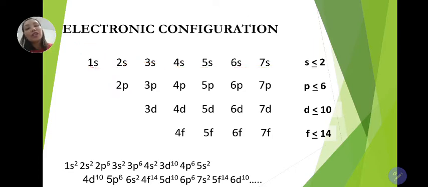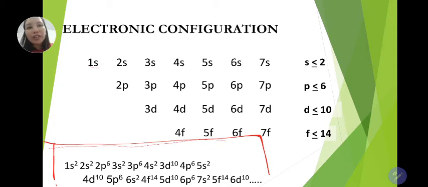So, yan yung electronic configuration na ginagamit natin. And this is an example. So, first, actually, meron yan arrow dun sa periodic table of elements natin. So, papuntang ganon, and then, pag ganon.